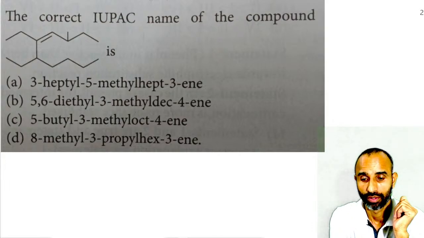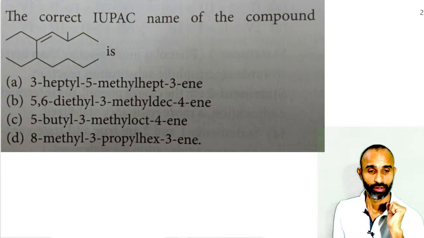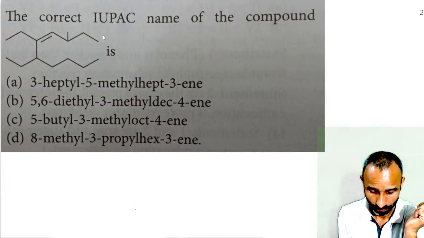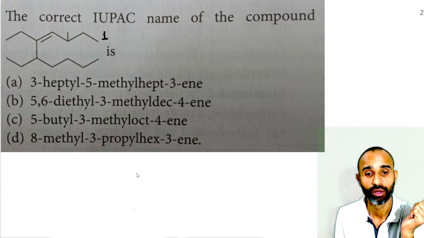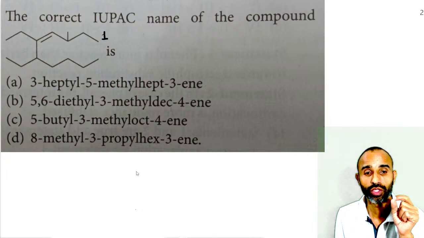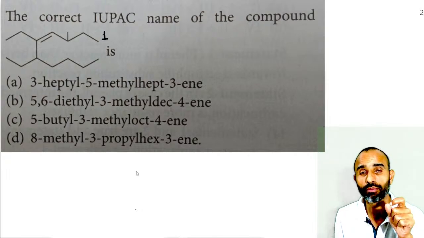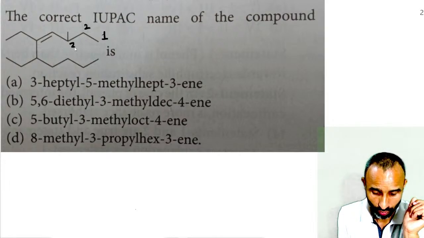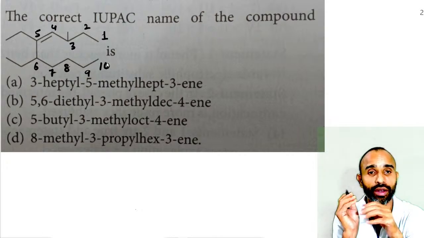because the longest carbon chain is 10 carbons. So we start numbering from this side because we should give the lowest number to the double bond. So 1, 2, 3, 4, 5, 6, 7, 8, 9 and 10.